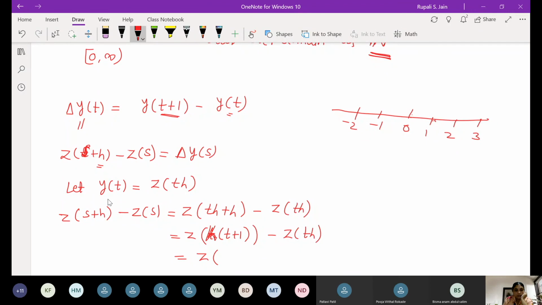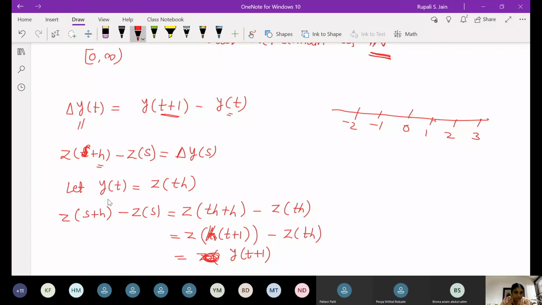So what will be this? Z at th is nothing but my yt. So what will be z at h times t plus 1? Y at t plus 1. Y at t plus 1 will be what? T plus 1 times h, no? Are you getting?